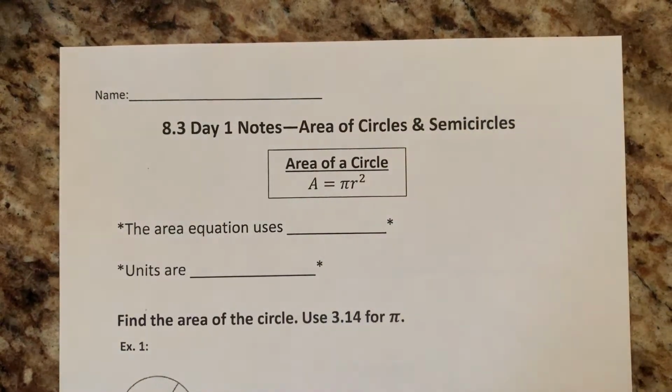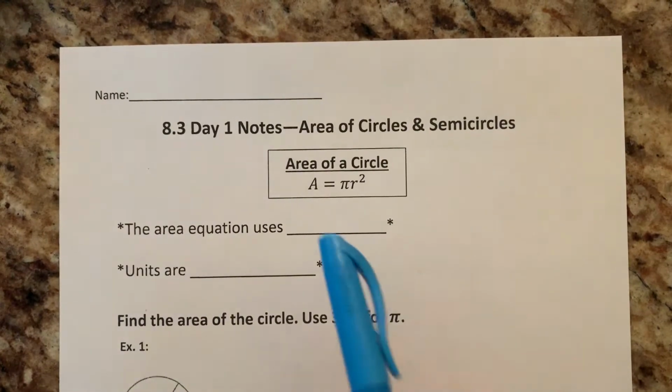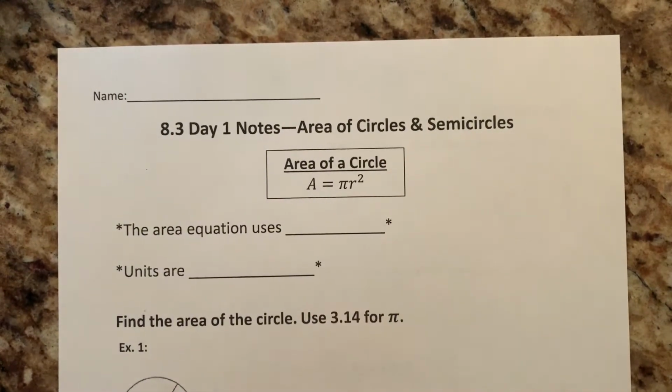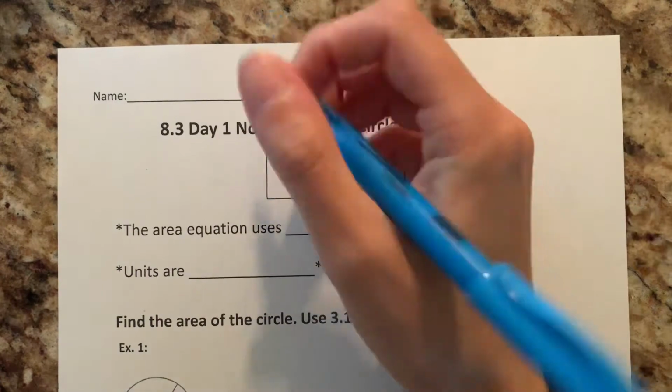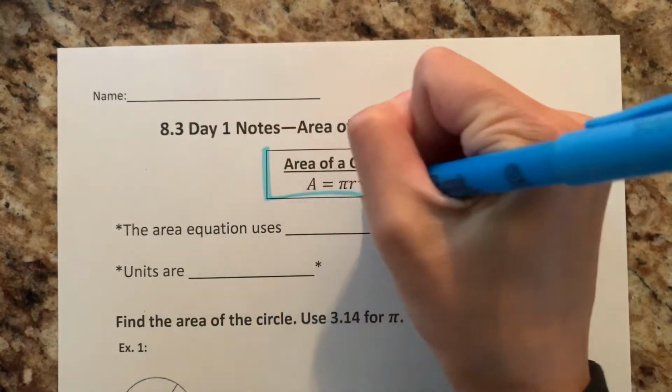All right, we're going to talk about area of circles. So the area of a circle formula is pi r squared. So that's pi times the radius squared.